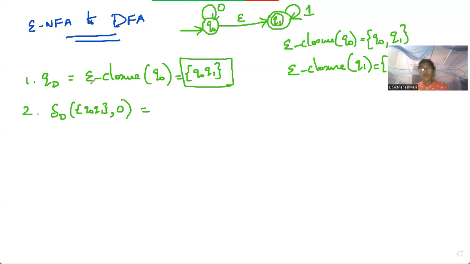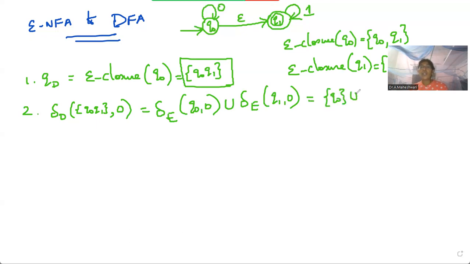Two different states means you use a union symbol. Transition E means Epsilon NFA. So transition E of Q0 comma 0 union transition E of Q1 comma 0. Q0 comma 0 gives Q0 only. Union Q1 comma 0 is a null value.